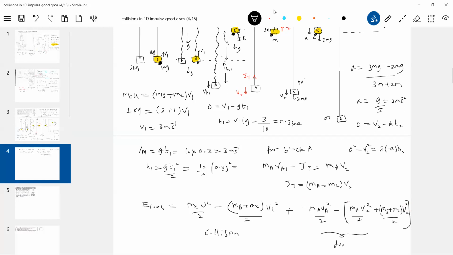Due to the change in tension, there's a loss in mechanical energy. Do the calculation later on.